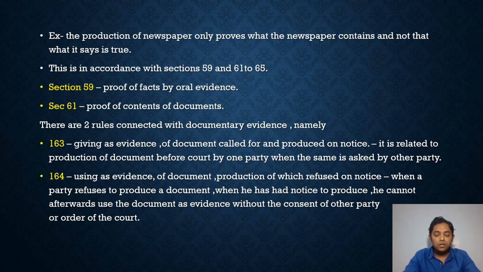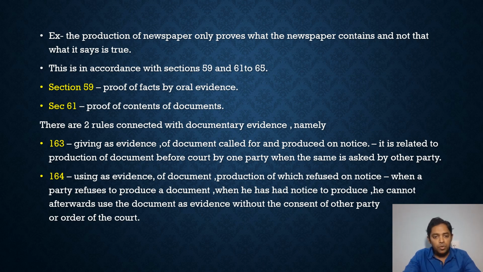Section 59 says proof of facts by oral evidence. Section 61 says proof of contents of documents. There are two rules connected with documentary evidence, namely Section 163, giving as evidence a document called for and produced on notice.